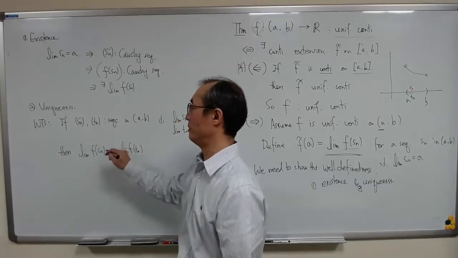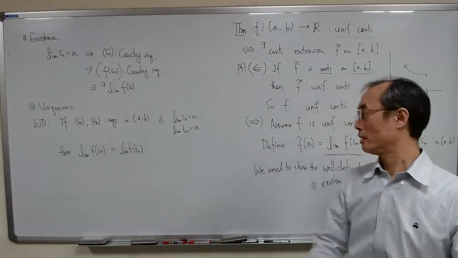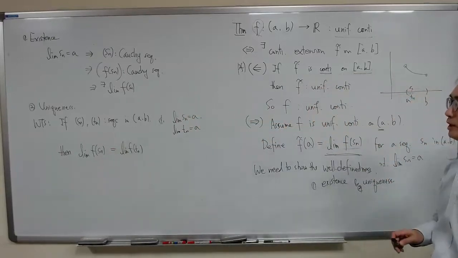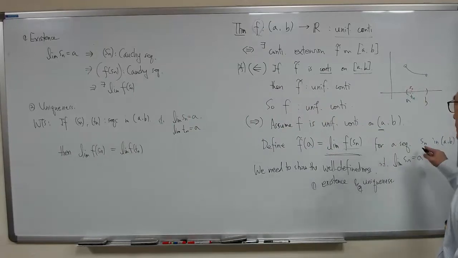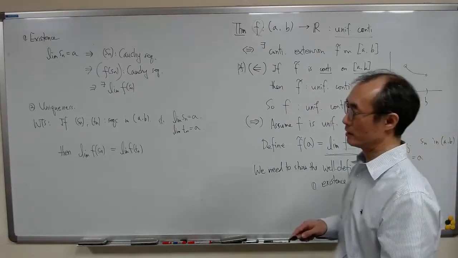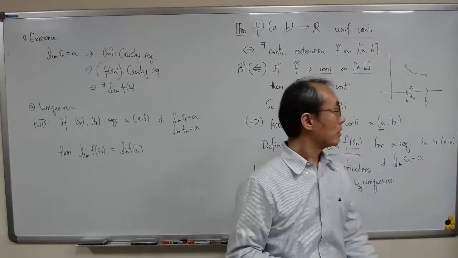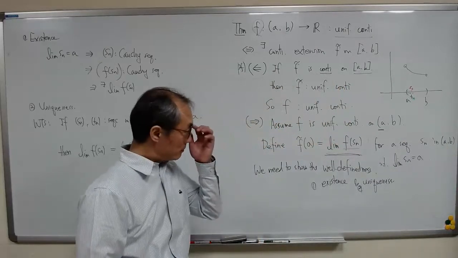They must be the same. So this quantity is unique, independent of the choice of such a sequence. Okay, is it clear?